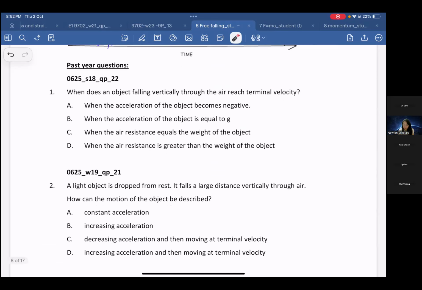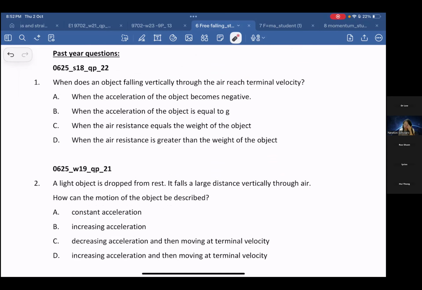Okay boys and girls, question number 1. When an object is falling vertically through the air, when does it achieve terminal velocity? What is your answer, dear?